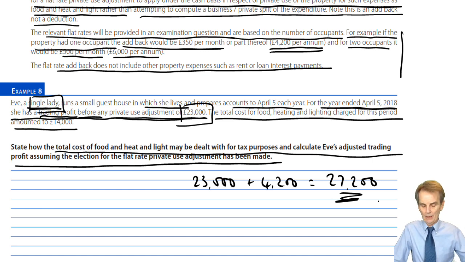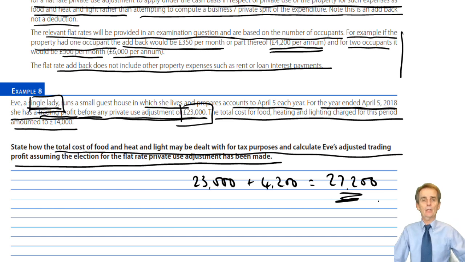So you won't have to think, do they want us to do it here? They will tell you that you need to do that. And you'll only see it where the cash basis is in operation. You'll only see it, although in fact this is available to those who do use the normal accruals basis. This will only be involved in our exam paper within the cash basis.